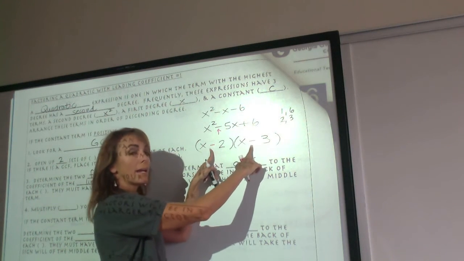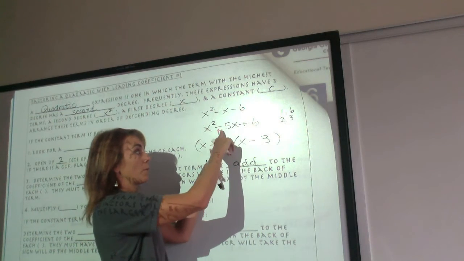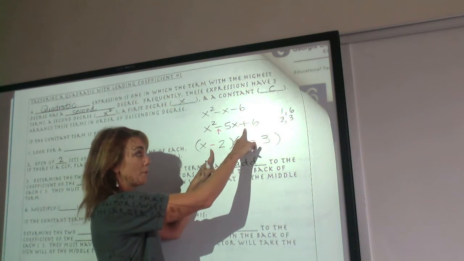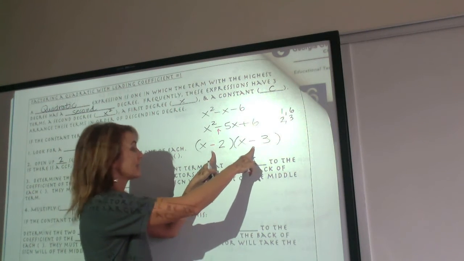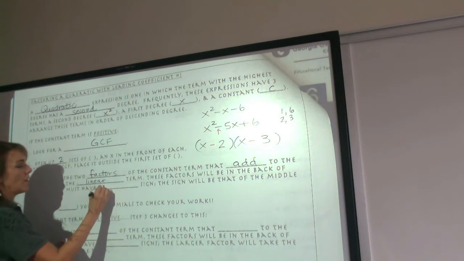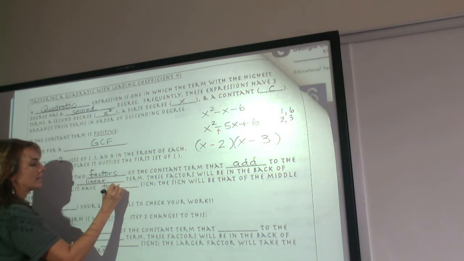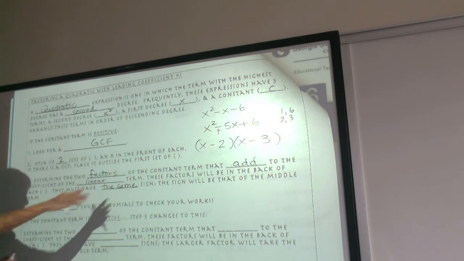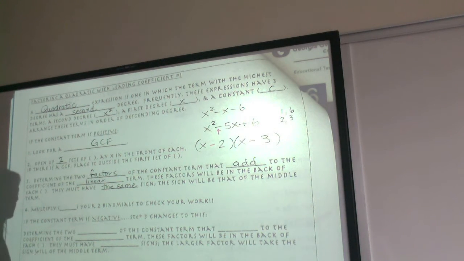They can both be negative or both be positive. They'll be whatever sign this is. So if this is positive, these must be the same sign. And that sign will be that of the middle term.